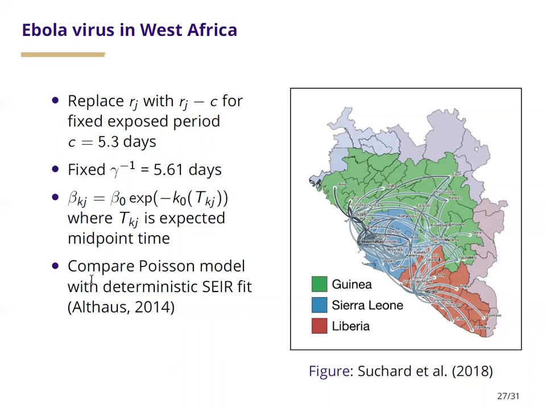Finally, we're going to compare this to a Poisson model for counts with a deterministic ODE-based stochastic epidemic or SEIR model. And then here, I just have a nice picture of the three countries we'll study in West Africa: Guinea, Sierra Leone, and Liberia.